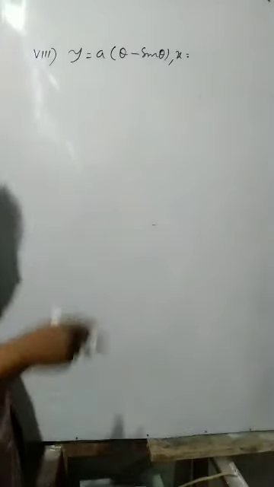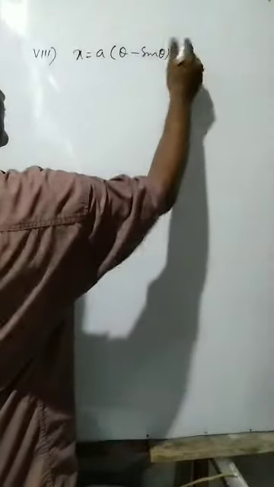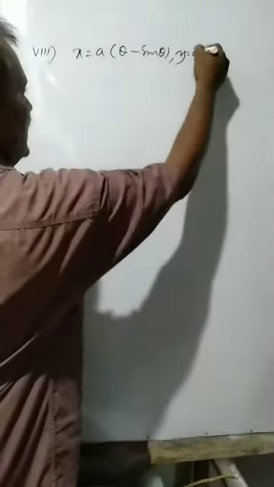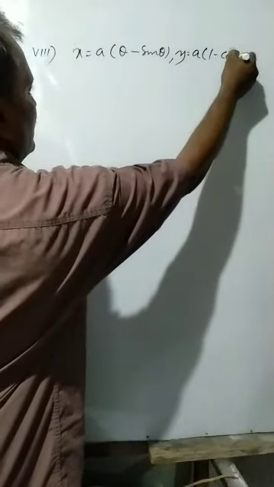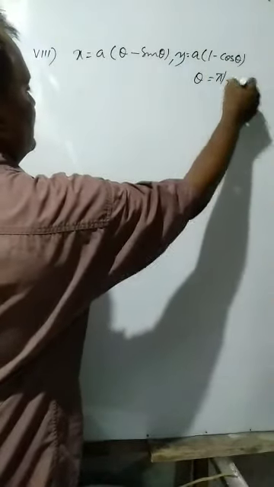You correct this question. The first one is x and second one is y. This question is a little wrong. You correct this. So y equal to a into 1 minus cos theta. And given theta equal to pi by 2.